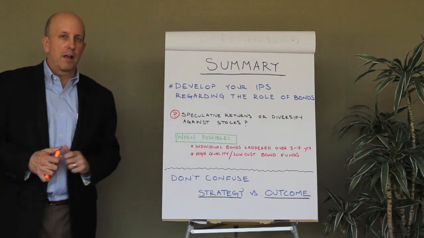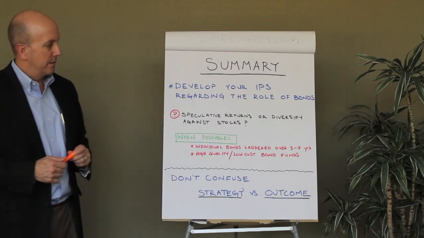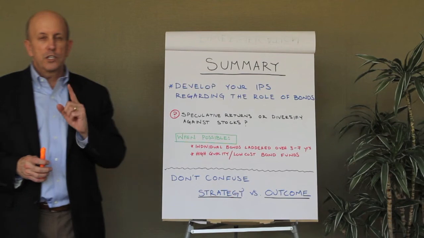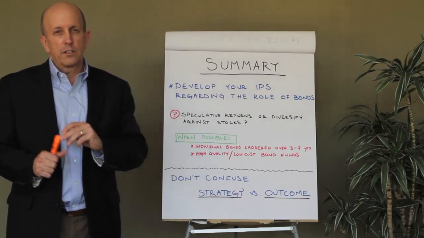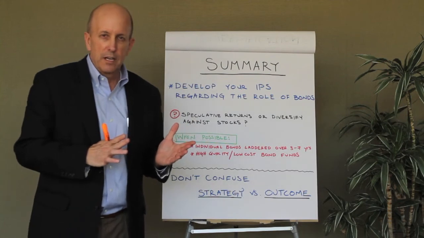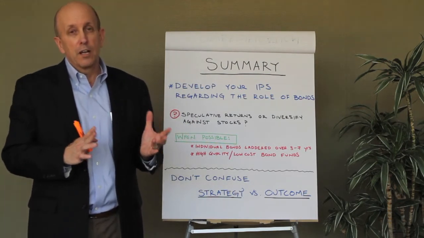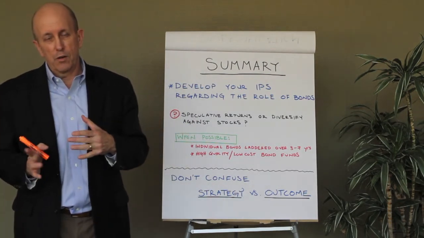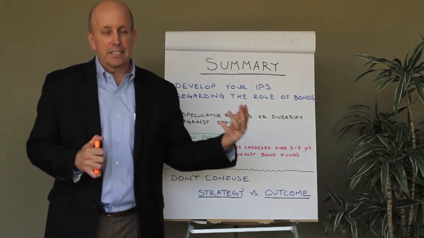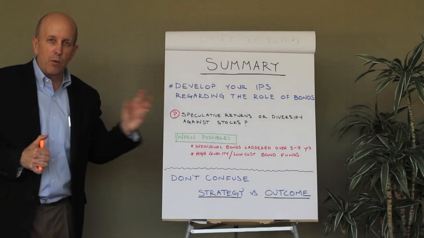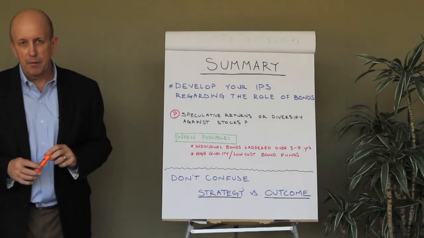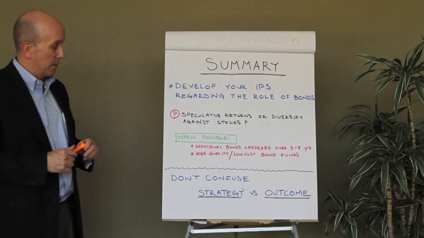Your investment policy statement should clearly reflect what you want the role of bonds to be in your portfolio. Do you want them to be high risk, or do you want them to be the low risk part of your portfolio to diversify against the risk of stocks, which is generally how we approach fixed income or bonds in your portfolio.